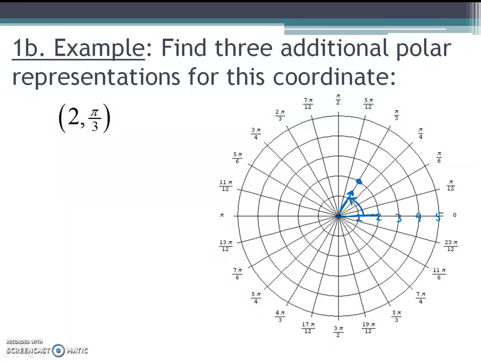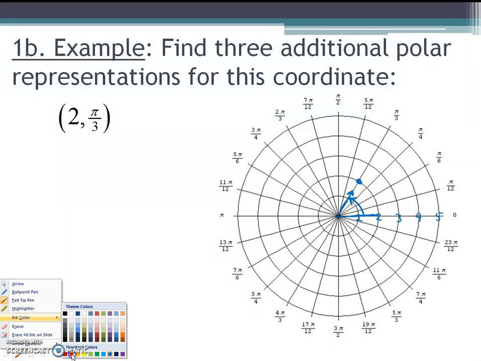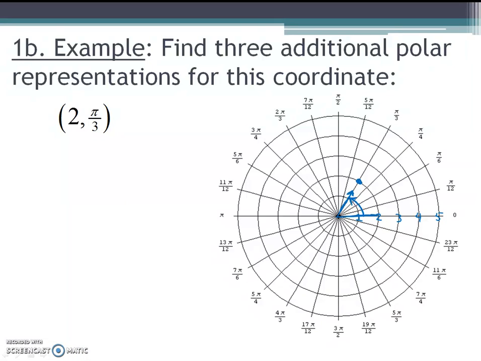Now, what's another name for the angle pi over 3? Well, if you took pi over 3 and subtracted from it 2 pi, you would get negative 5 pi over 3.